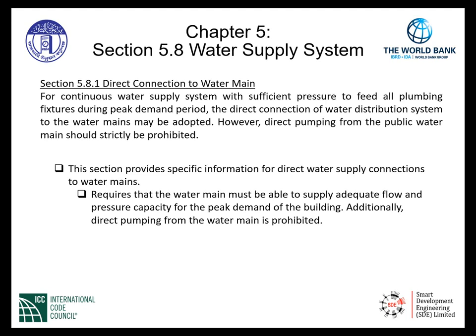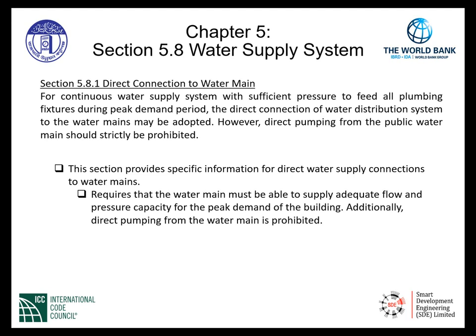It requires that the water main must be able to supply adequate flow and pressure capacity for the peak demand of the building. In other words, it needs to be calculated as such for the building and verified that the water main can handle the load applied.